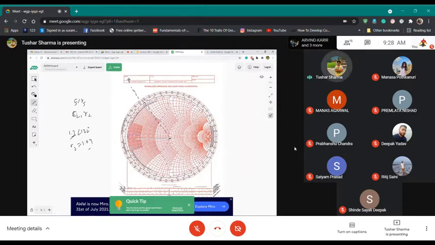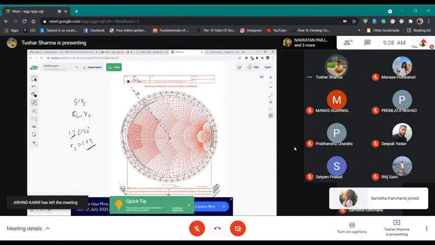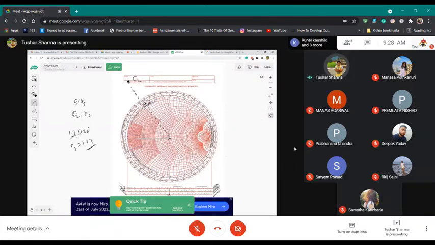Say this is my center, CL. Then its radius is 1. I will again do the same thing, put my compass here, measure this distance. This is 1. And from here, I will put that compass and cut wherever that 1.04 is. And then just draw a circle.